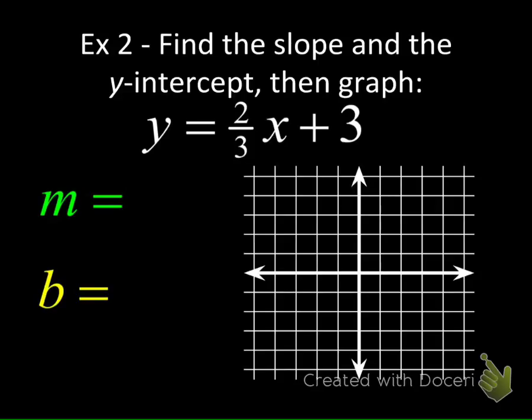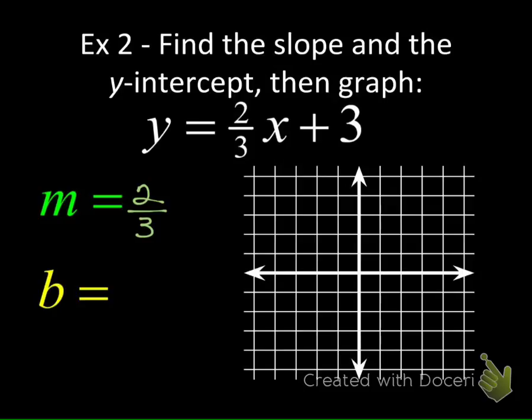So example number 2, you need to first find your slope and then your y-intercept. Remember, our slope is the number that's being multiplied by x. So what number here is being multiplied by x? So my slope is 2/3. I'm going to write that next to my m. So m equals, or slope equals, 2/3.